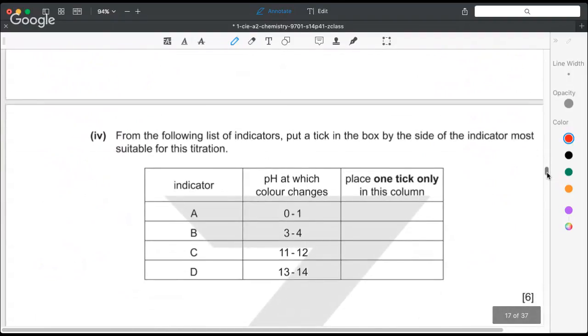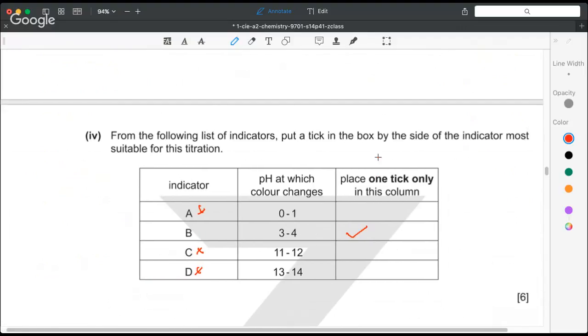The indicator is not going to be that one, because they're a long way away from the equivalence point. And it's not going to be that one either, because that's still a long way from the equivalence point. The only option that's really there is an indicator that changes color around pH 3 or 4.